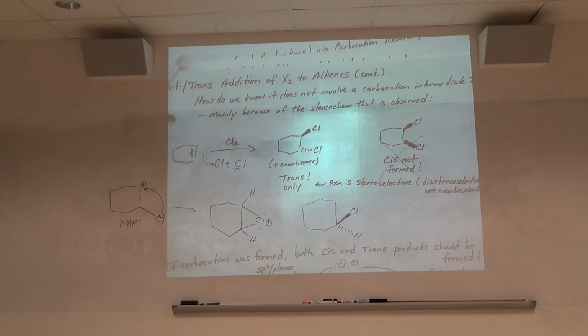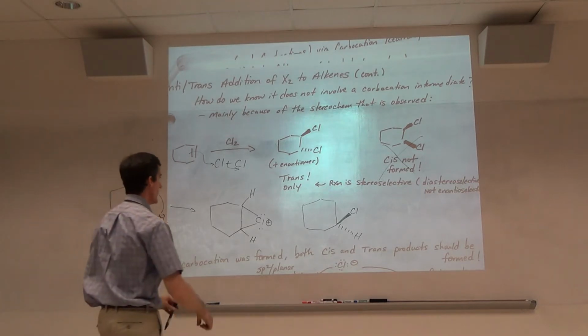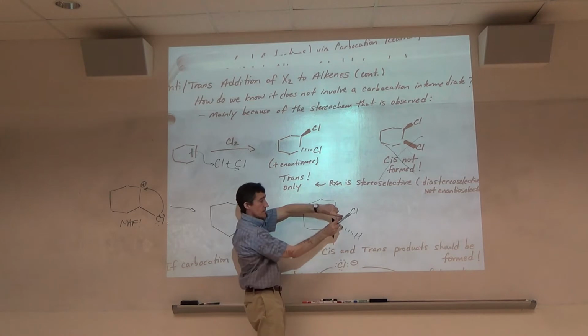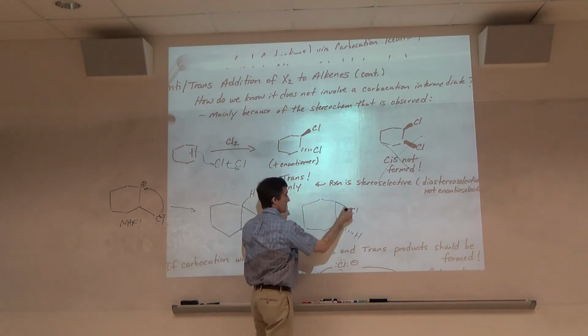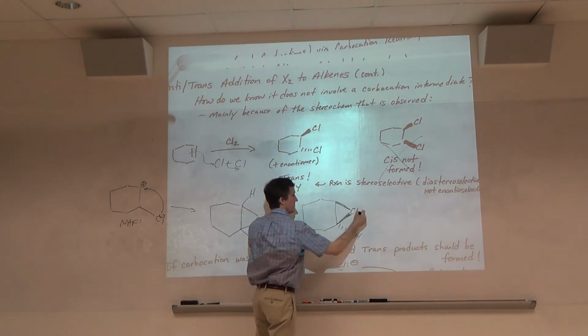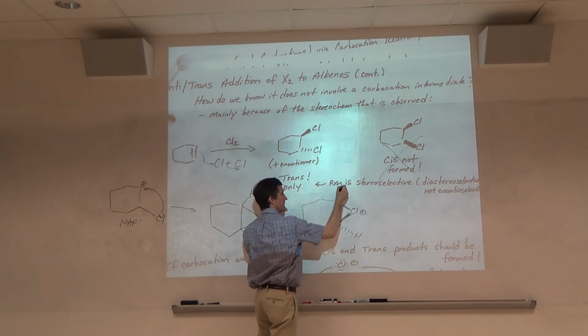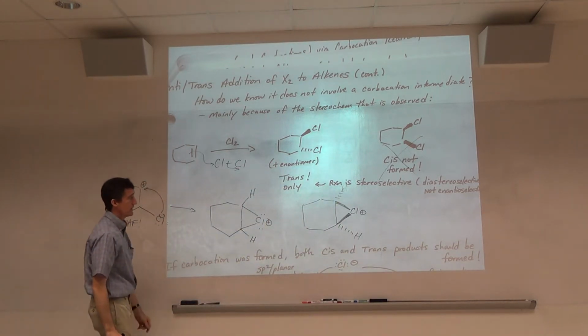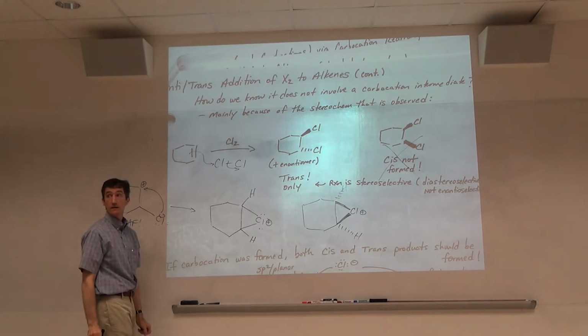Or are you somehow bonded on this side? They have to be on the same side. They have to both be sticking out, like that. Now, what else is here? That. Okay? Has to be that.